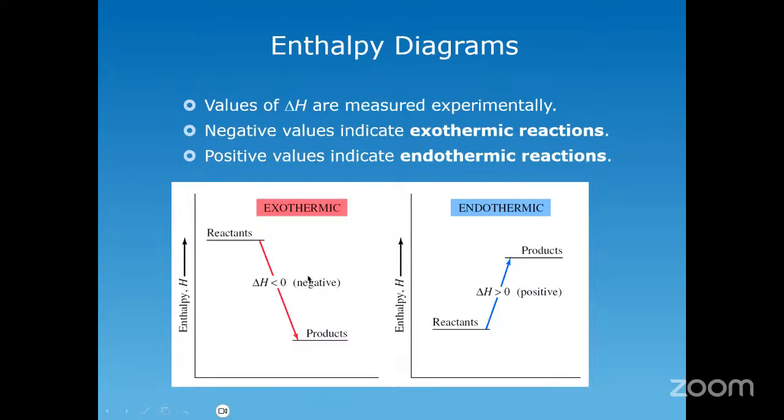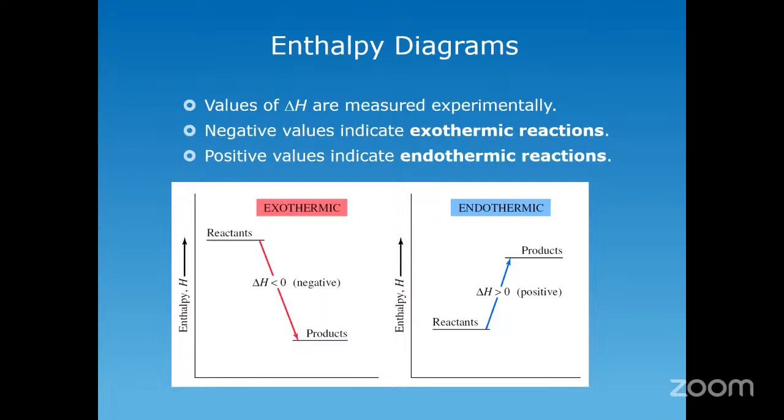The first one shows you what happens in an exothermic reaction. You're starting off with your reactants here, and then down here you have your products. So obviously the reactants will have a higher enthalpy value compared to your products. So to get from the reactants to products, there must be a negative change in the enthalpy value because, and you're going to see this throughout this chapter, whenever you're measuring the change of anything, including enthalpy, it's always the final value minus the initial value, right?